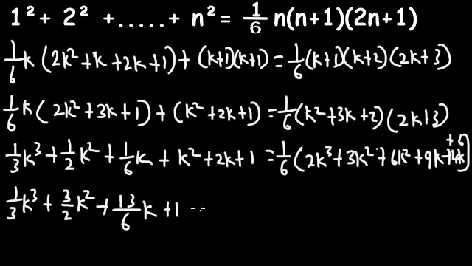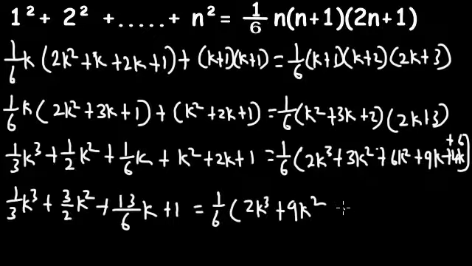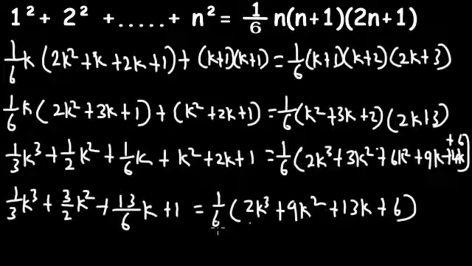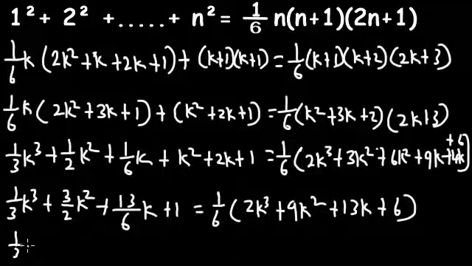Then we have plus 1 as a constant equals 1/6 multiplied by 2k cubed plus 3k squared plus 6k squared. That's 9k squared. Right? Then we have 9k plus 4k. That's 13k. Then we have plus 6. Perfect. Now the left hand side is done. We can't simplify more, so we just need to compare one more time.